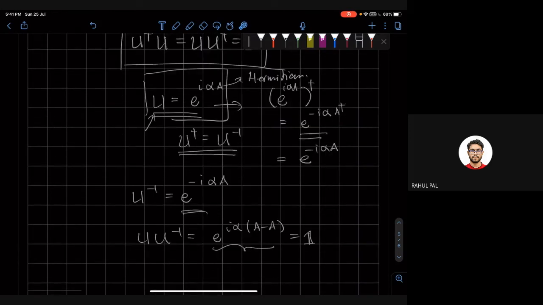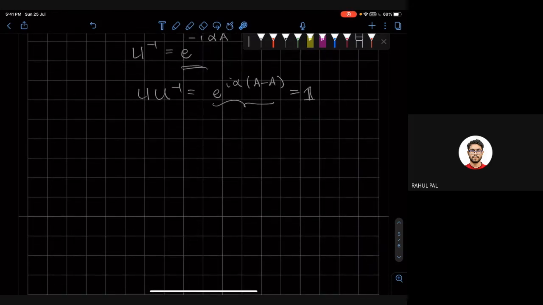Okay, now let's come to a rotationally invariant system. So if I apply that rotation on some state psi, so I'm applying U(alpha, n) on some state psi, I get another state psi prime.